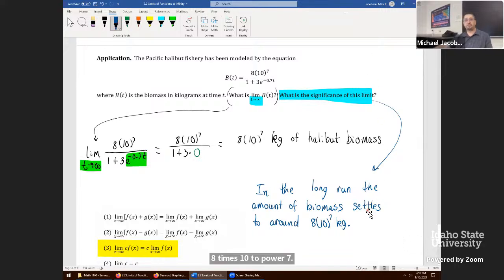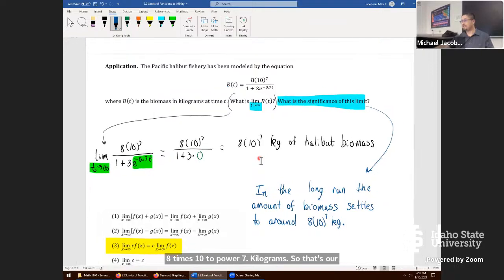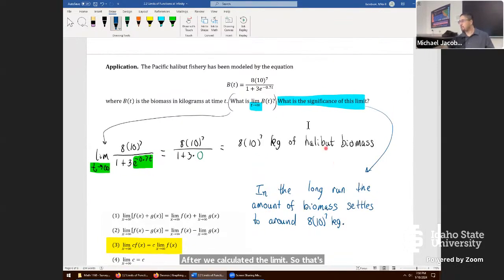So that's our interpretation of what happened here after we calculated the limit. So that's a value of taking a limit as time goes off to infinity. We're just looking at what is the behavior of a process in the long run.